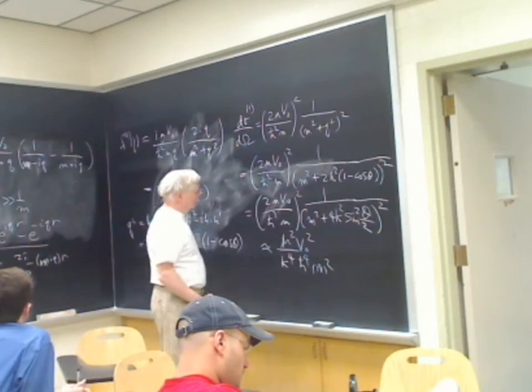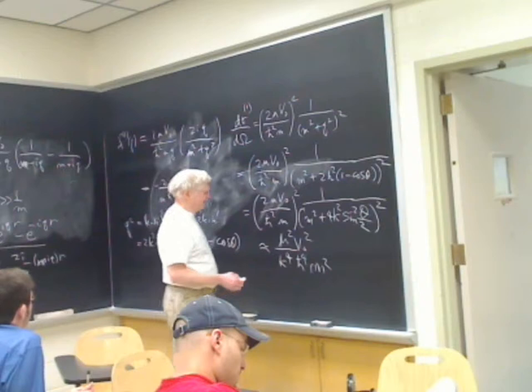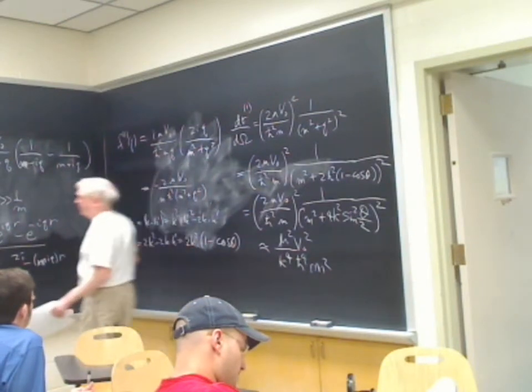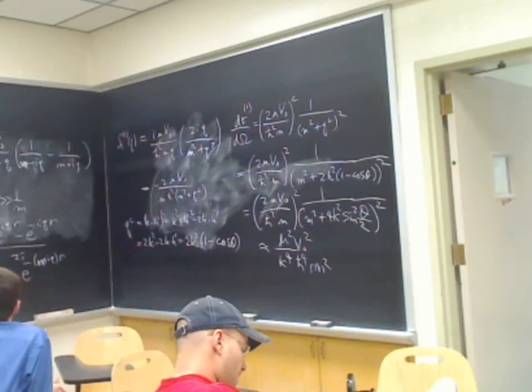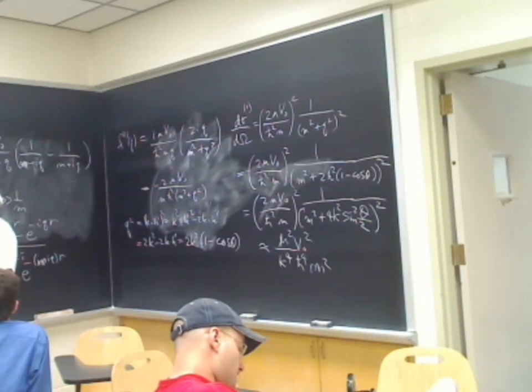What we're going to do is take the limit. Let's look at what our potential was. Our potential looked like this. It had a V0 over m. So we can take the limit: m goes to 0, but V0 over m goes to a constant value.